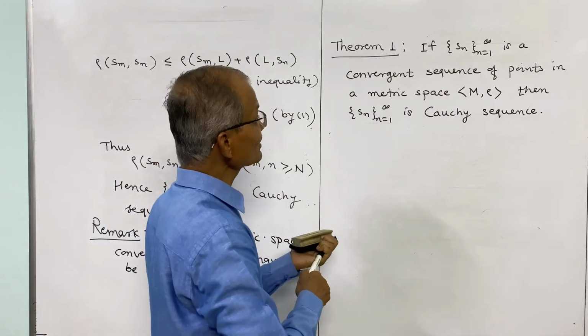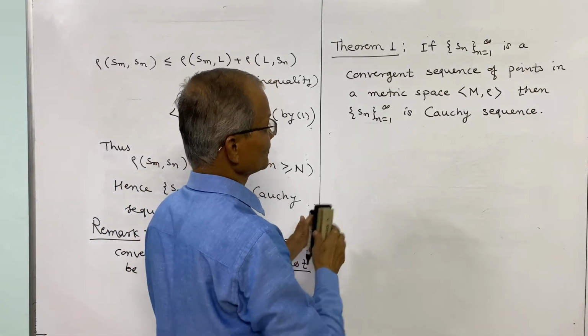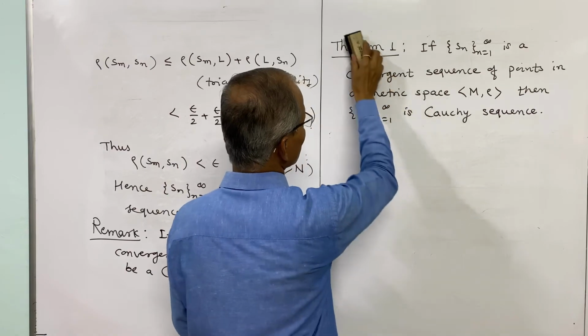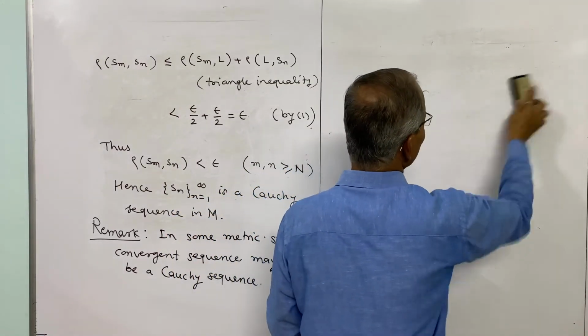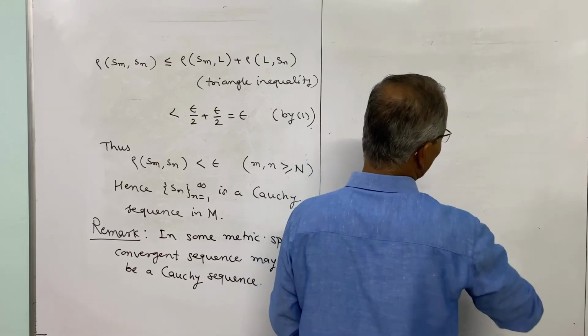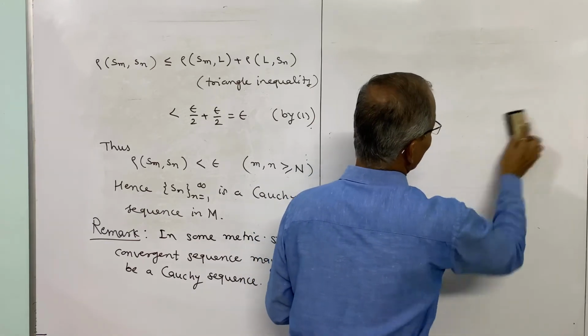So we have proved the result that convergent always implies Cauchy. Convergent, then it is Cauchy. But Cauchy does not imply convergent. So this is to be remembered, the relation between a Cauchy sequence and a convergent sequence.